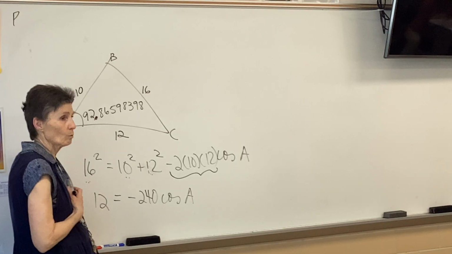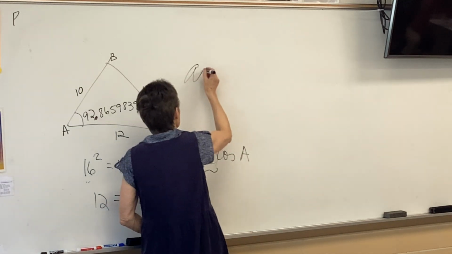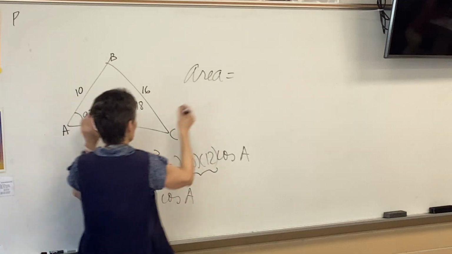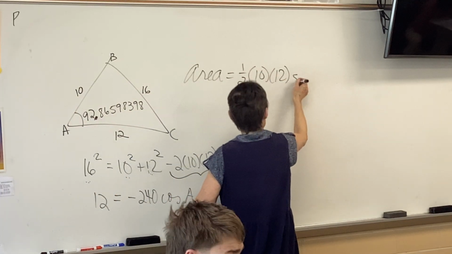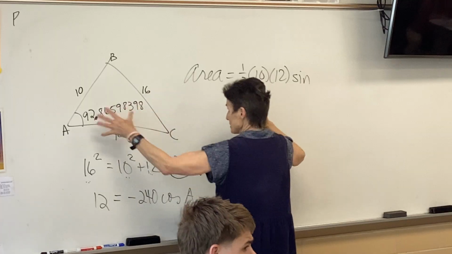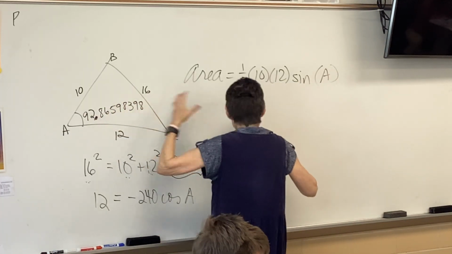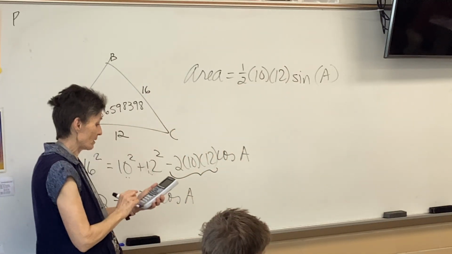Remember, my goal was to find the area. Now, can I do the area? You sure can. So 1/2 times 10 times 12 times sine A, which is that big angle right there. So I've got that on my calculator.